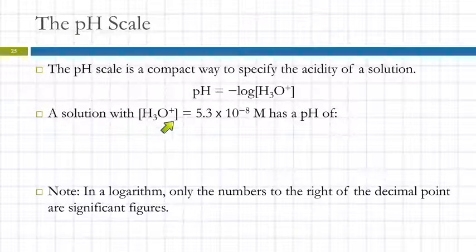So in a solution with a hydronium ion concentration of 5.3 times 10 to the minus 8, we can calculate the pH. pH is equal to negative log, and that's not an inverse log, it's a negative sign times the log.